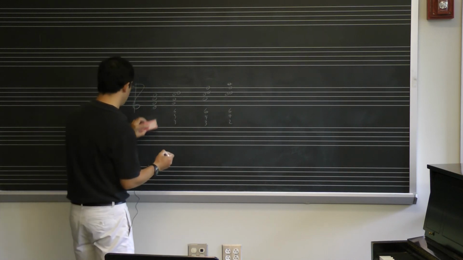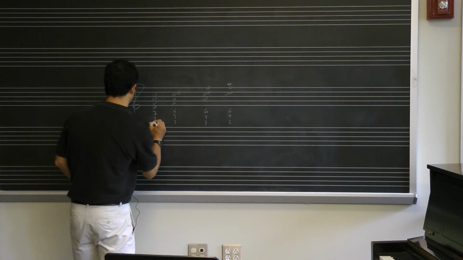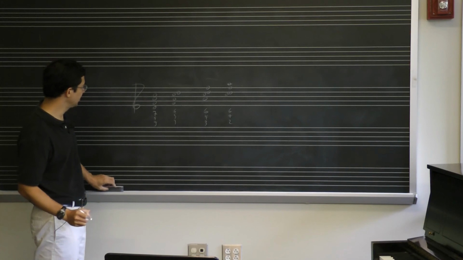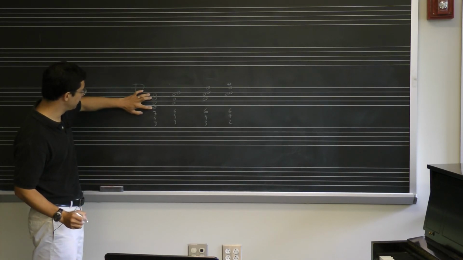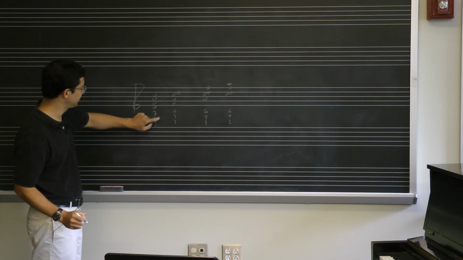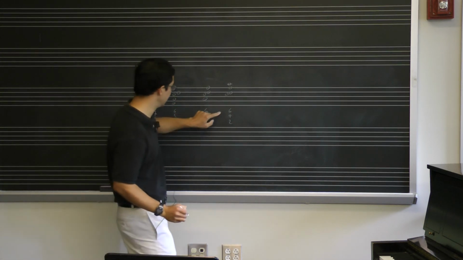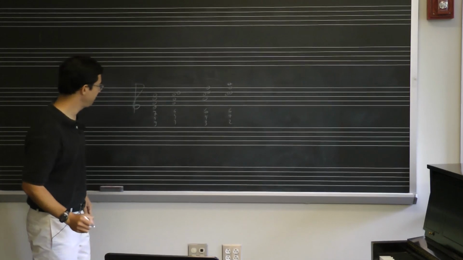Actually, sorry. If I'm writing it out in full, this needs to be 7, 5, 3. So I simply identify the interval above the bass, above the lowest sounding note, of each of the other notes. 7, 5, 3, 6, 5, 3, 6, 4, 3, 6, 4, 2, okay?